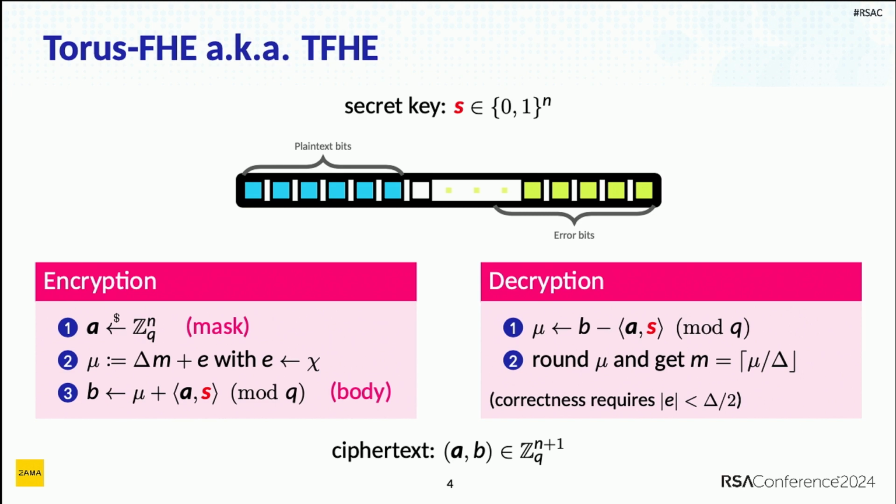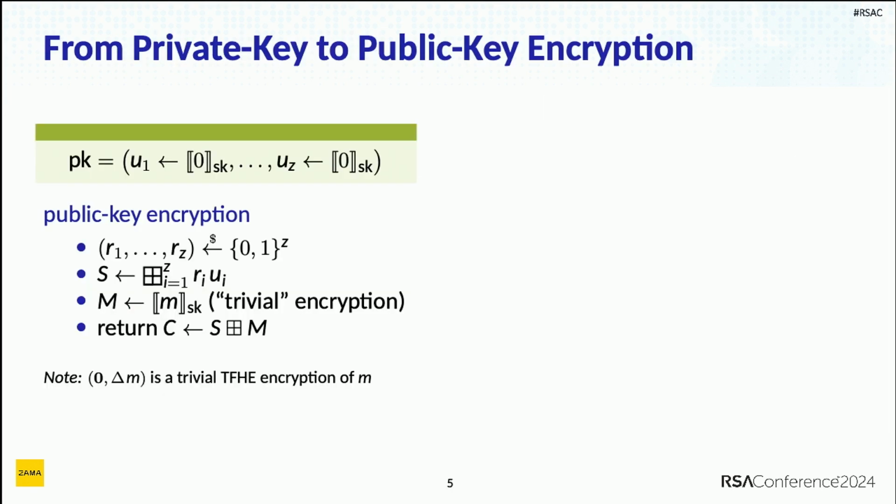So it means that you can take for the mask 0, and for the body, just delta times M. So this is a valid encryption of message M, because when you decrypt that pair, you get back the input message M. This is called the trivial encryption of a message. So last step, just add those two, the linear combination and that trivial encryption, and then you get your ciphertext.